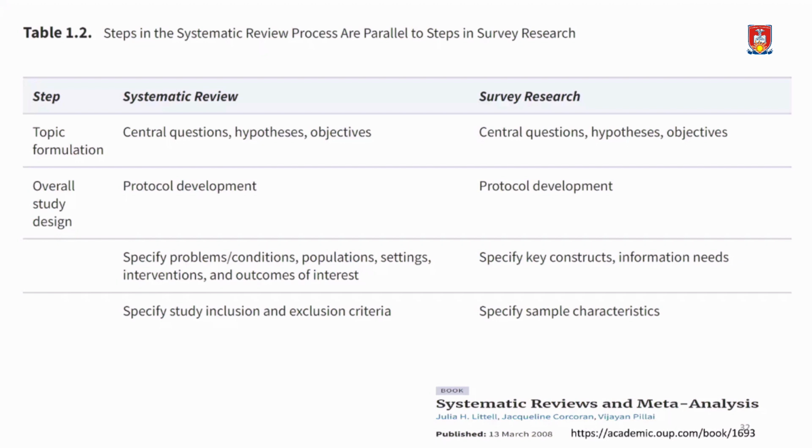Then there are inclusion criteria, like when you specify the sample characteristics. I'm surveying maybe 200 level to 400 level UNIMED students. You might be running a study where you are excluding the 100 level students for one reason or the other. That means you are defining the population characteristics, and that's part of what we do here in systematic review.